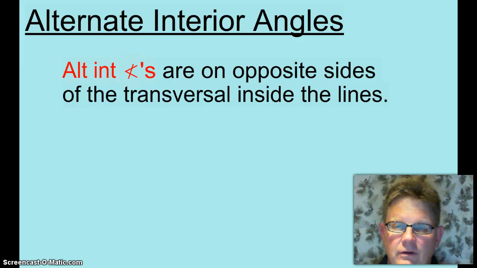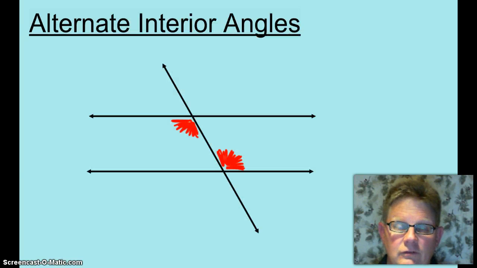Alternate interior angles, thusly abbreviated so you don't have to write it out, alt-int angles, are on opposite sides of the transversal inside the other two lines. Let's go ahead and look at an example of alternate interior angles.